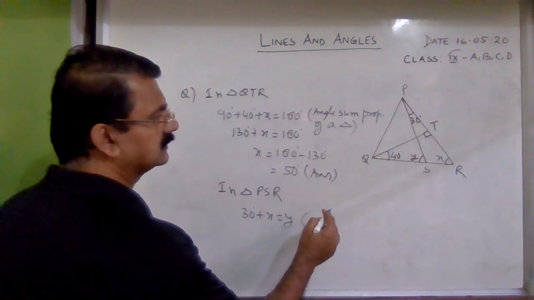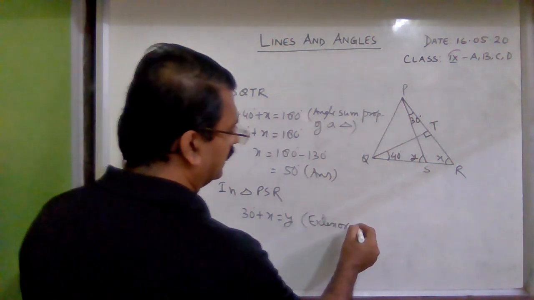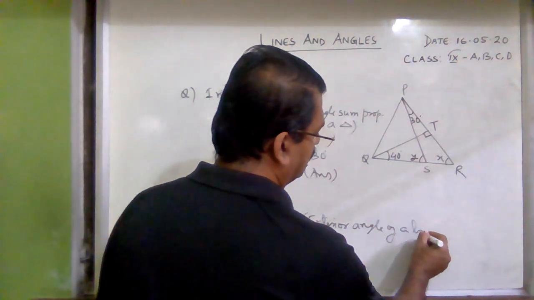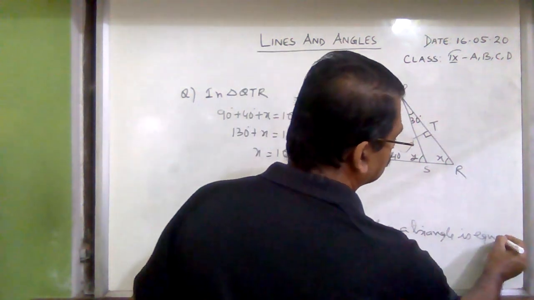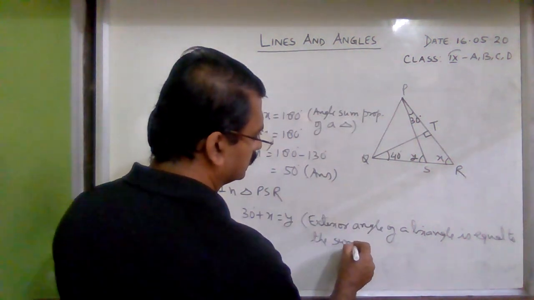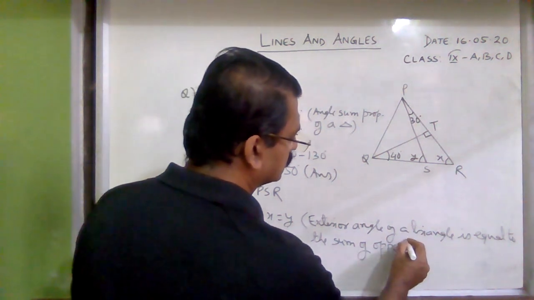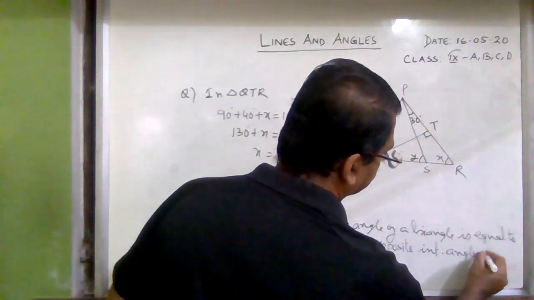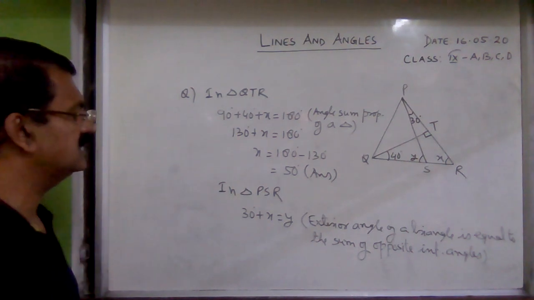Reason you write: exterior angle of a triangle is equal to the sum of opposite interior angles.